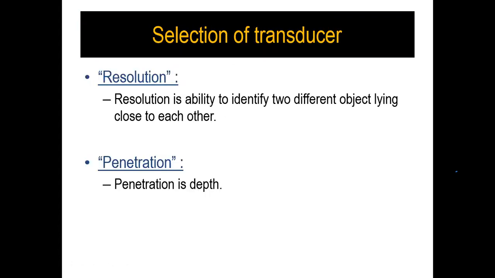The first word is resolution and the second word is penetration. When we talk of selection of a transducer, we talk of resolution and penetration. What is resolution? Resolution is the ability to identify two different objects lying close to each other. The best example I always give is, if a car is approaching you on a highway, the two headlights look like a blob.